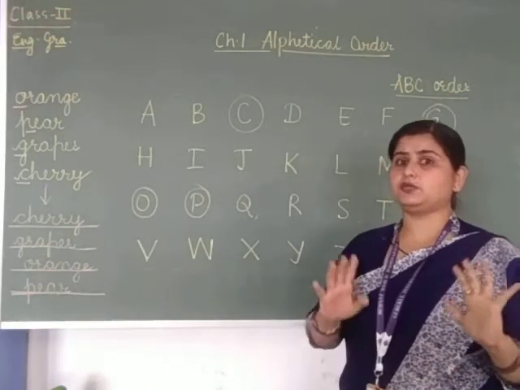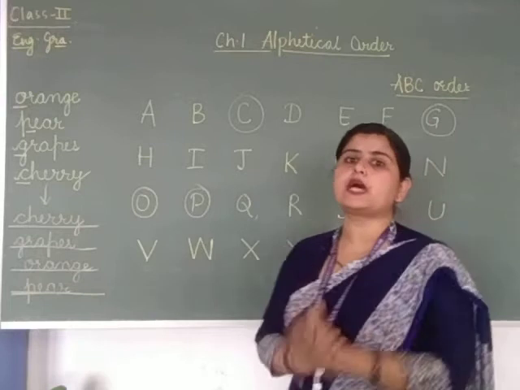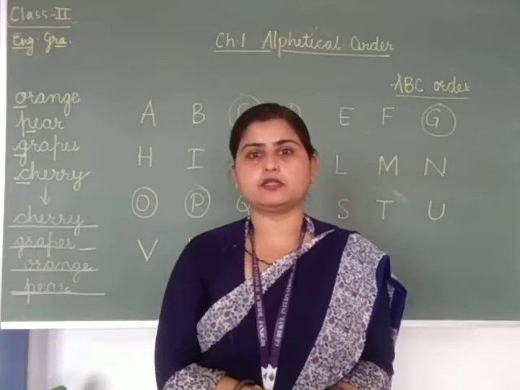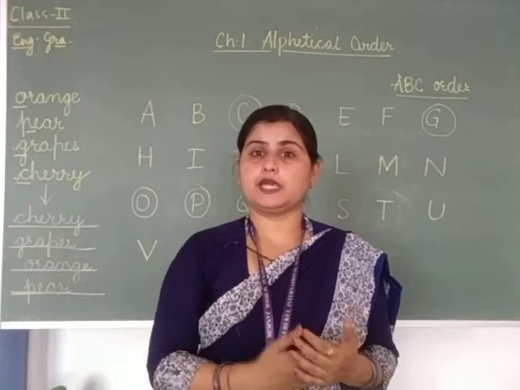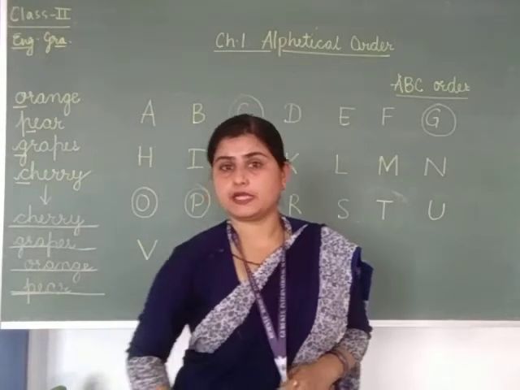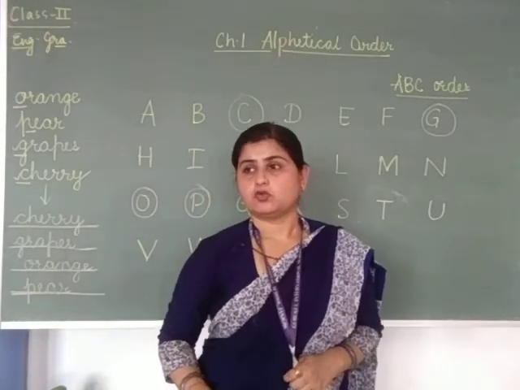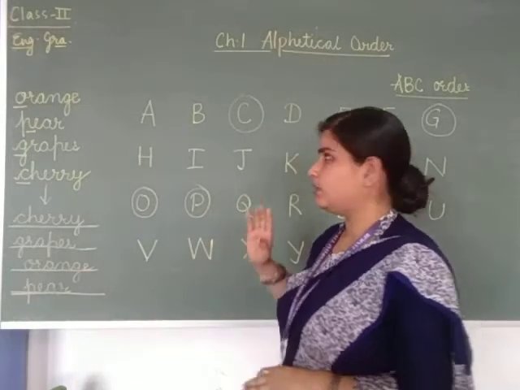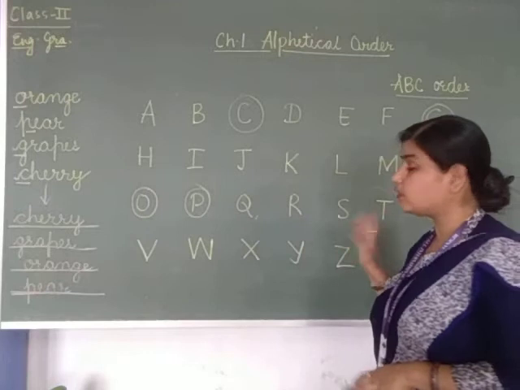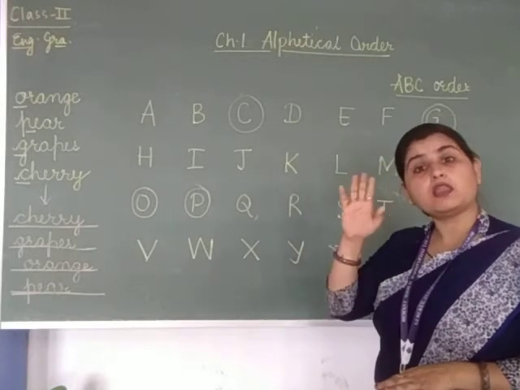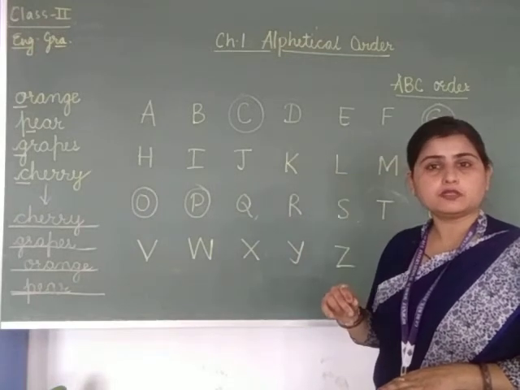Just imagine that you have got 10 words to write in alphabetical order. Will you be writing A to Z every time? It will take a lot of time, isn't it?